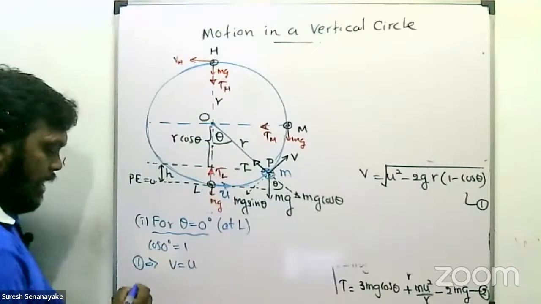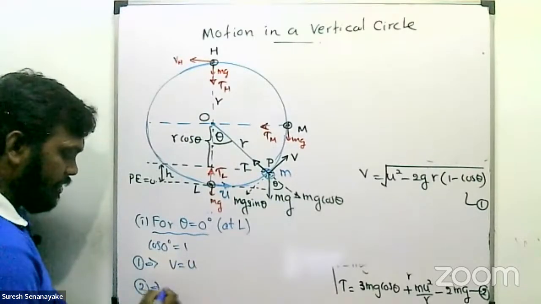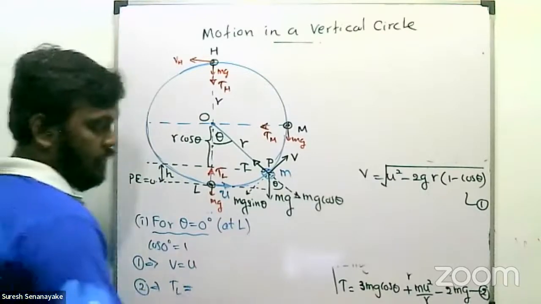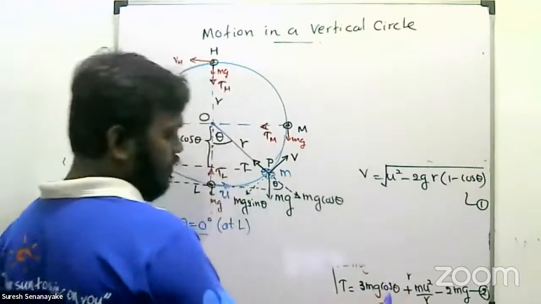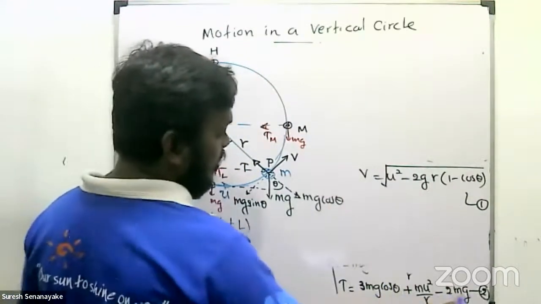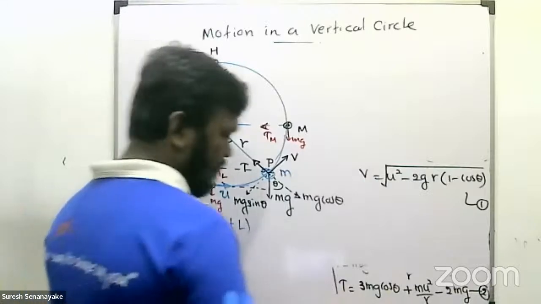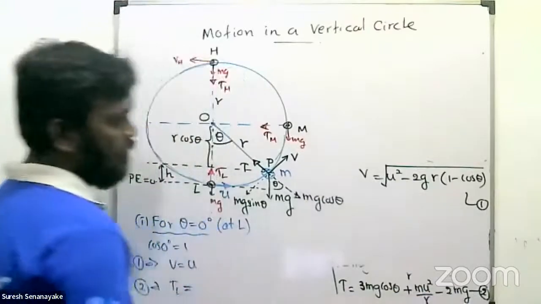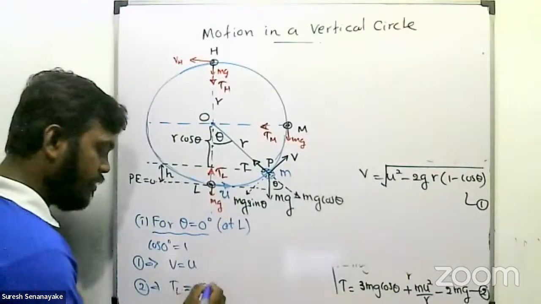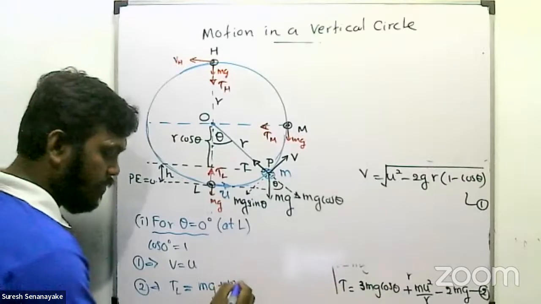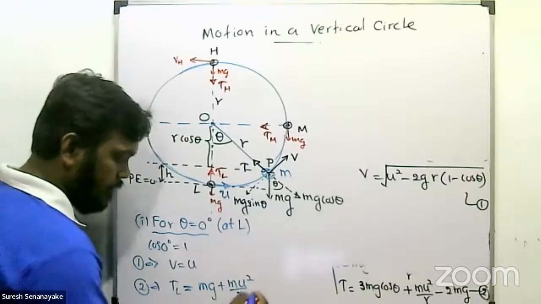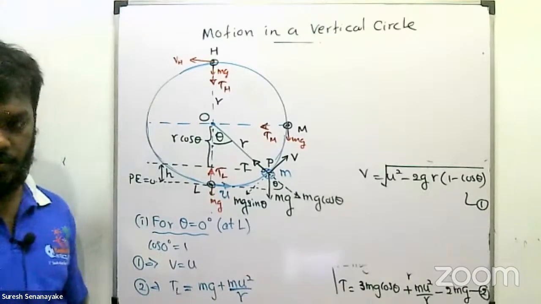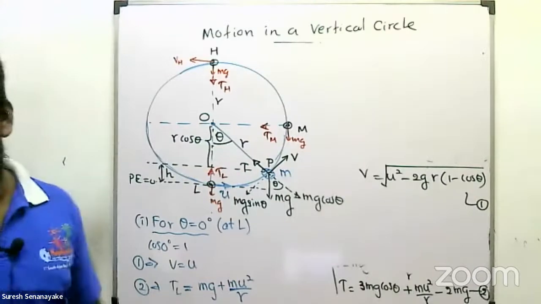Then from the second equation, the tension TL: cos theta is 1, so 3 mg minus 2 mg will be mg. So mg plus m u square over r is the tension at the lowest point.